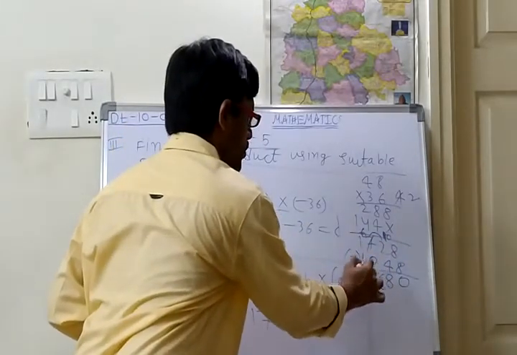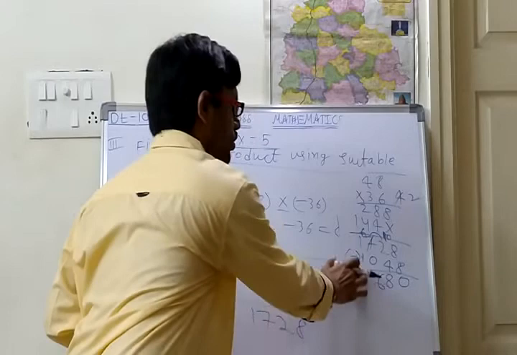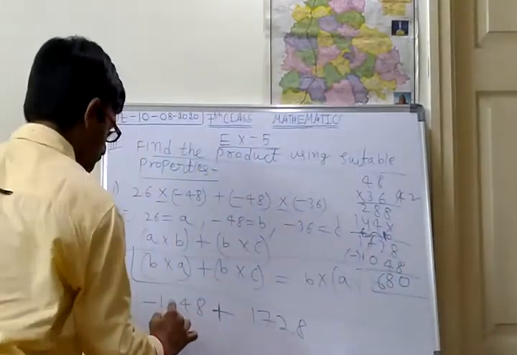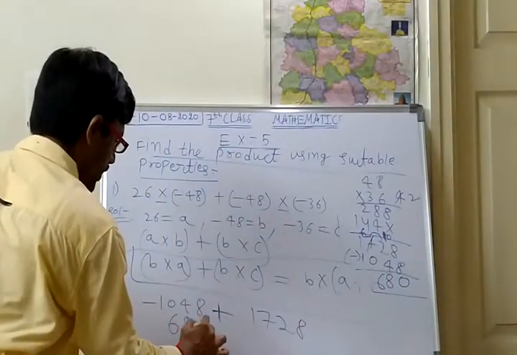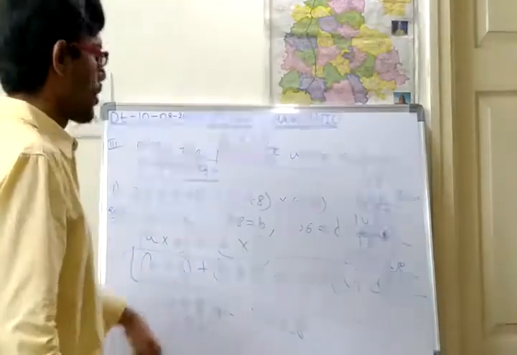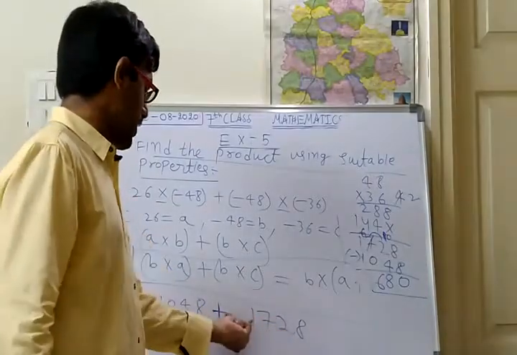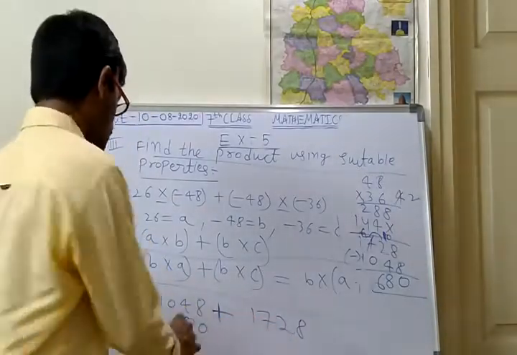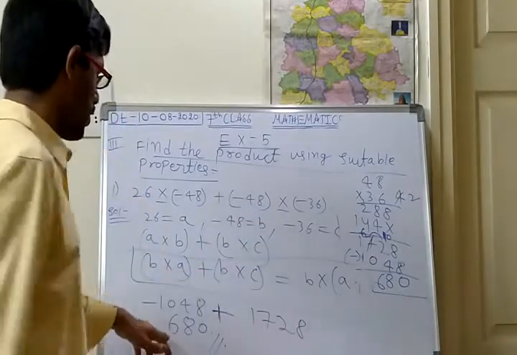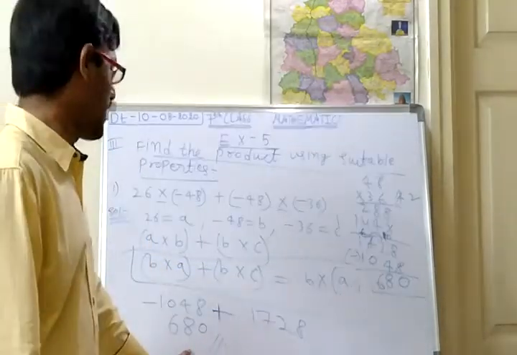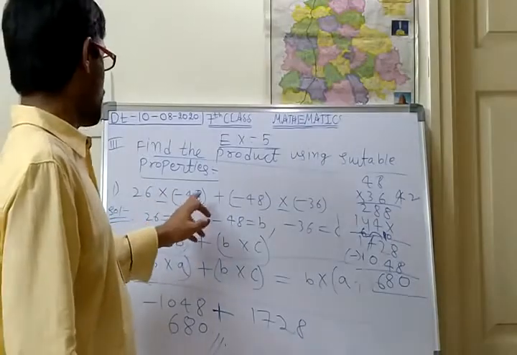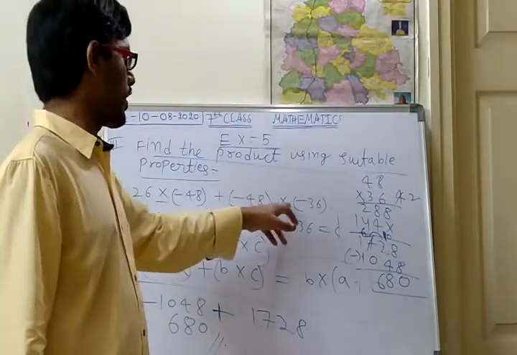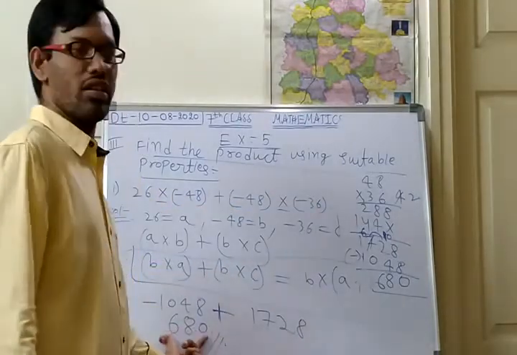Next 1 minus 1 is 0 only, so 0 no need to keep. So what is the answer? 680. For the bigger number there is a positive symbol, so the result is also positive. So the answer is 680: 26 into minus 48 plus minus 48 into minus 36, result is 680.